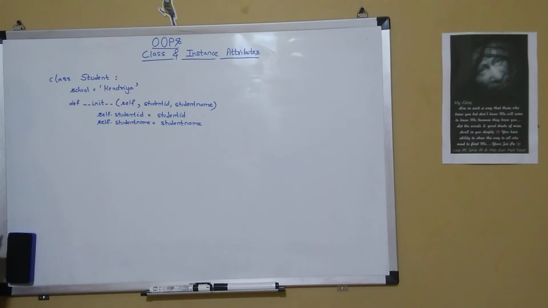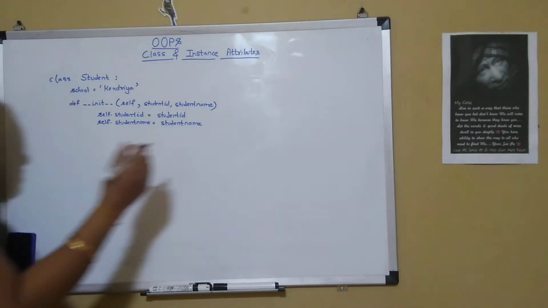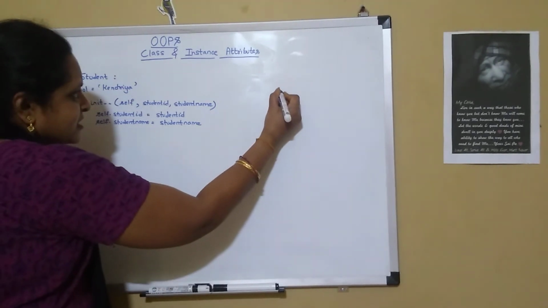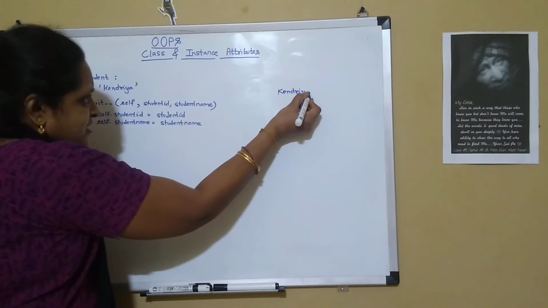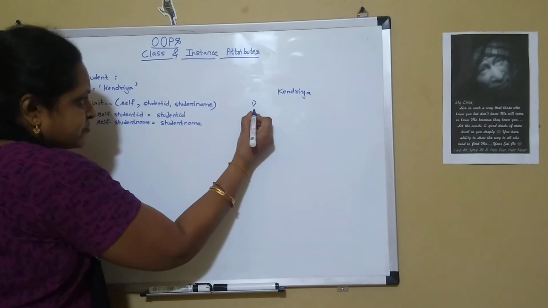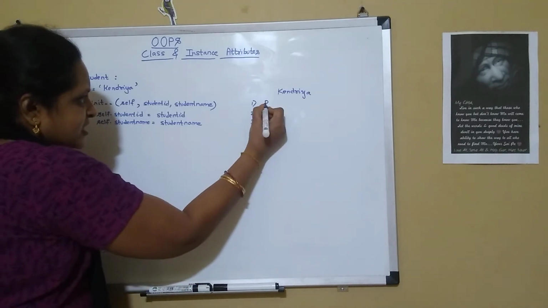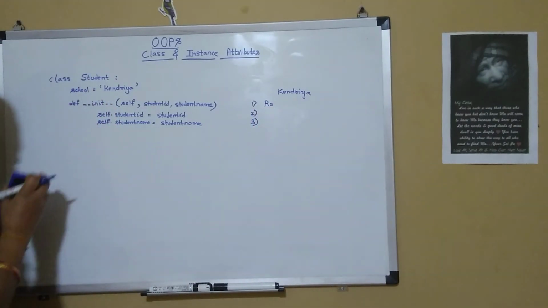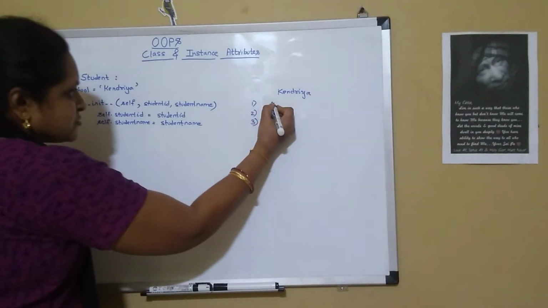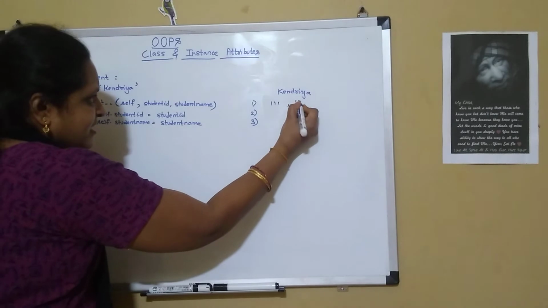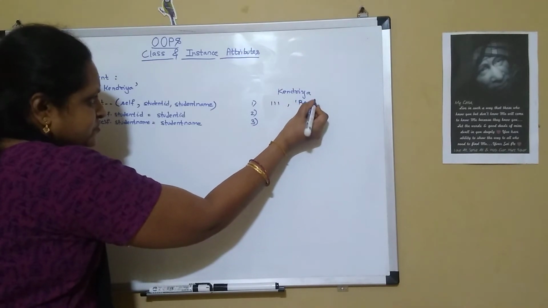So now let me take one example wherein I have the school name as Kendriya, and there are three students. One is Ram, sorry. The first ID is 111 student ID and name is Ram.